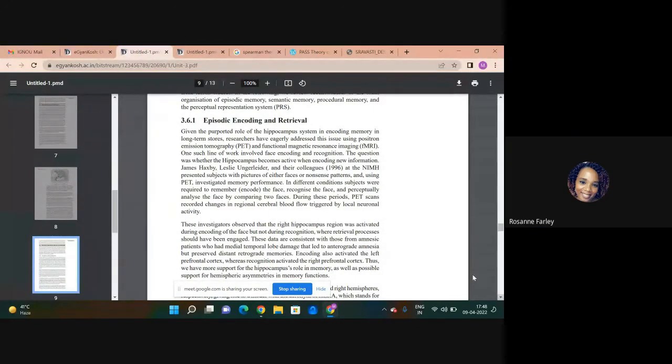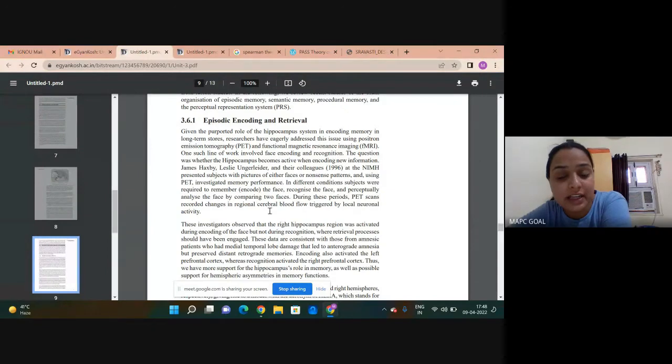Through PET, we can understand the cerebral blood flow, in which brain region the blood is flowing. MRI is for the whole body, and fMRI is to understand the brain regions.